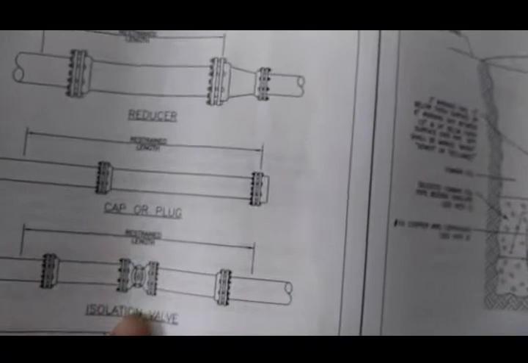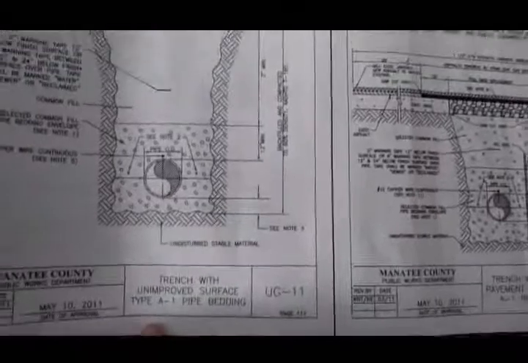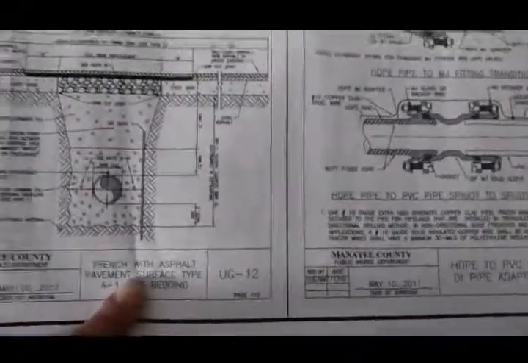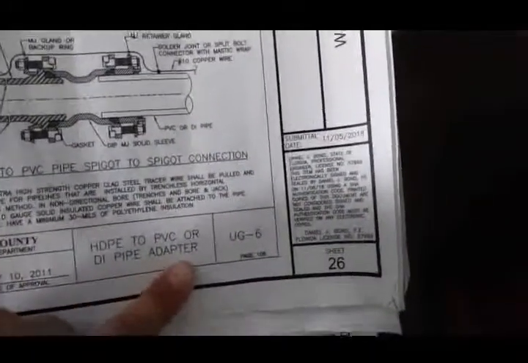You got your horizontal bend, T, reducer, cap and plug, isolation valve, trench when unmanned, such as surface, A1 pipe, trench with pavement asphalt, type A1 bending, ACP, PVC to PVC pipe adapter, restraints for dips, concrete thrust blocks.